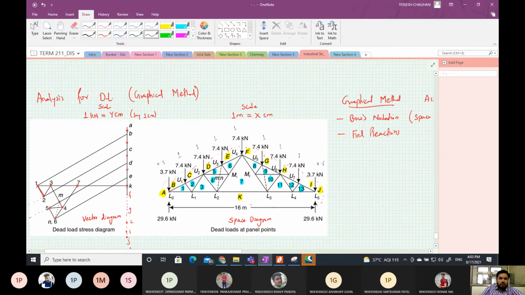Both dead load as well as live load are symmetrically loaded. So with one diagram you can have the member forces for both dead load and live load case.